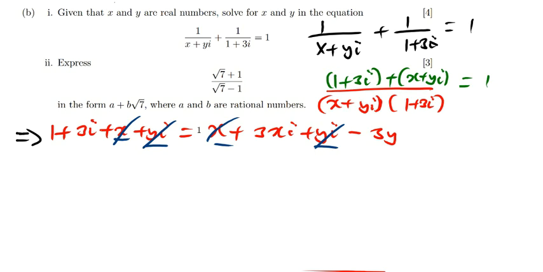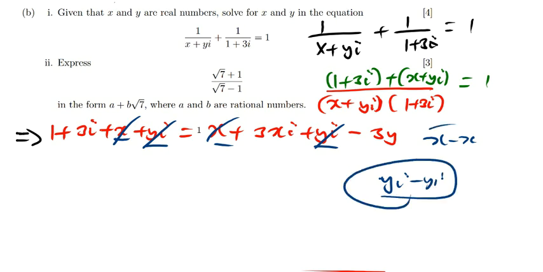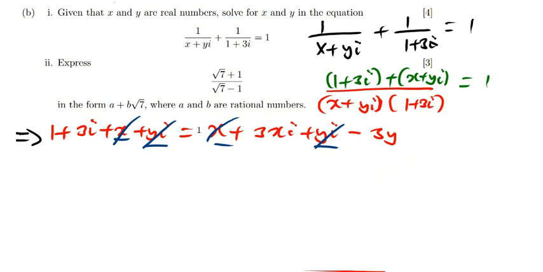In a case where you don't understand what's happening, this is the same as shifting this to the other side, it's going to be minus. So I'm going to end up having x minus x, and yi minus yi. This is going to give us 0 still. That's why I'm just cancelling out there. If you're not okay with this, you can first shift this and that to the right hand side. Then they are going to be cancelled out with that.